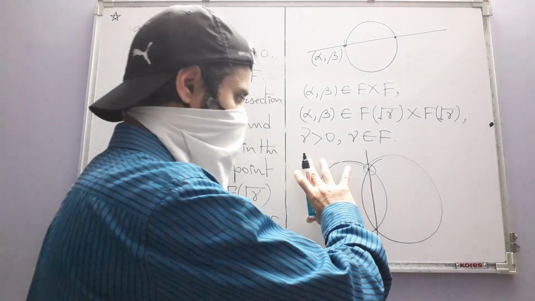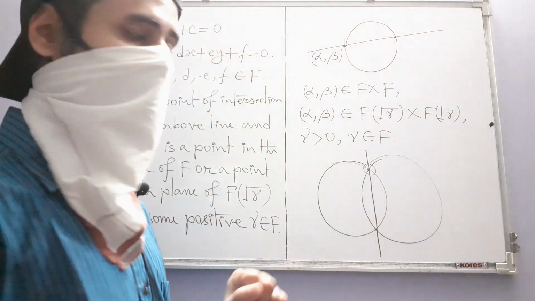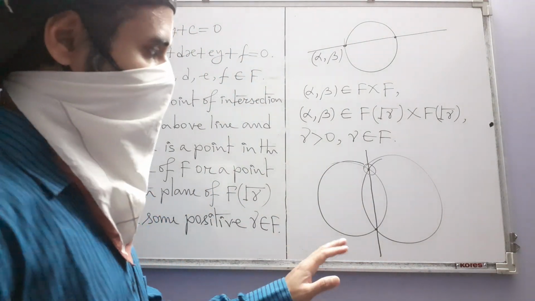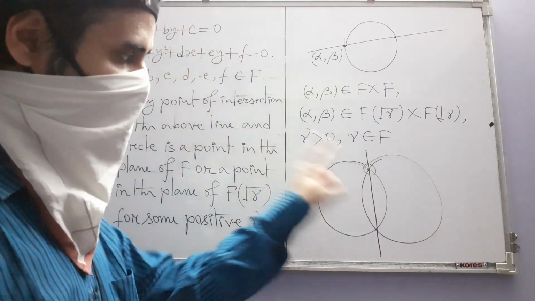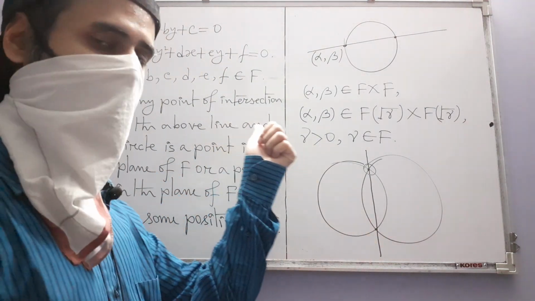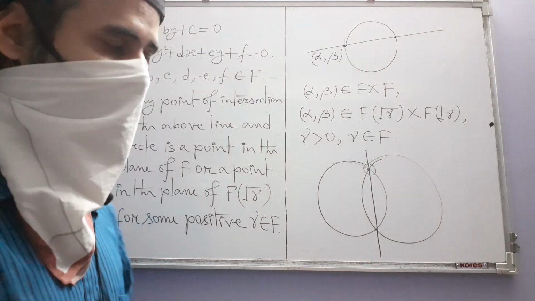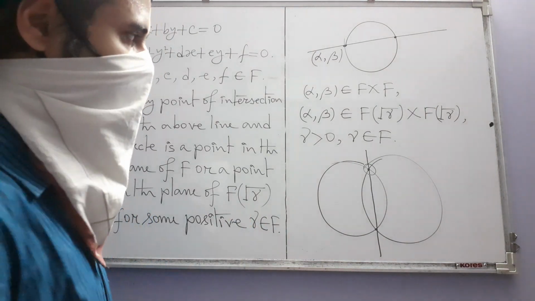If you apply such operations here in this context, then what type of points do you get? And then link that thing with the field of constructible numbers. That will give us the criteria.